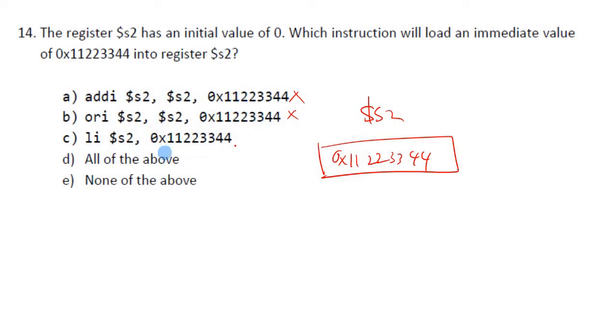But load immediate is possible because load immediate is a pseudo instruction. Again, this may vary from assessment to assessment. For this practice assessment, if you look at the front cover, I have already explicitly stated that all pseudo instructions are allowed, unless otherwise stated. So load immediate, which is a pseudo instruction, is actually allowed.